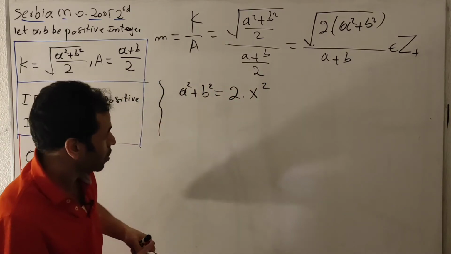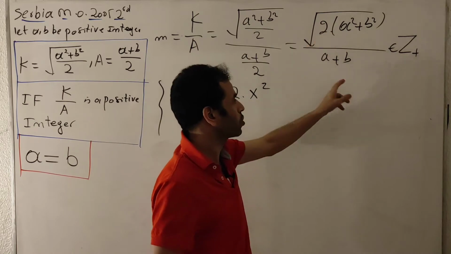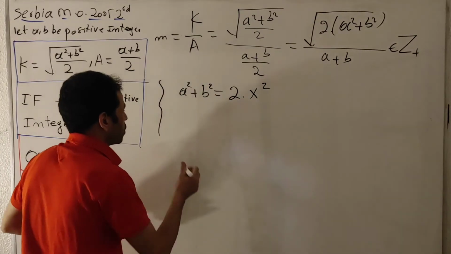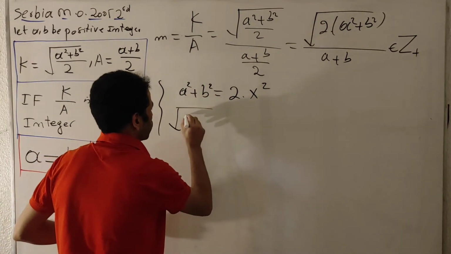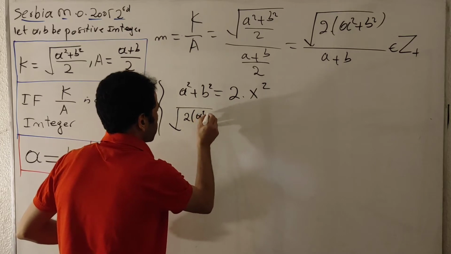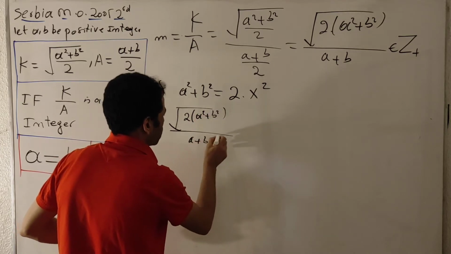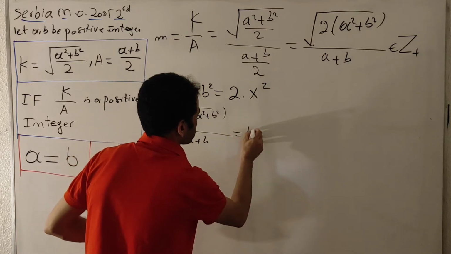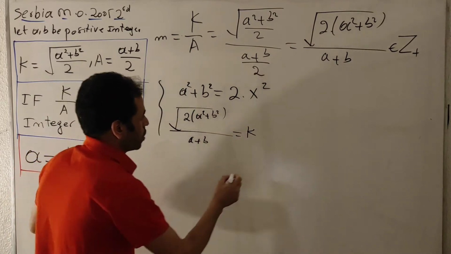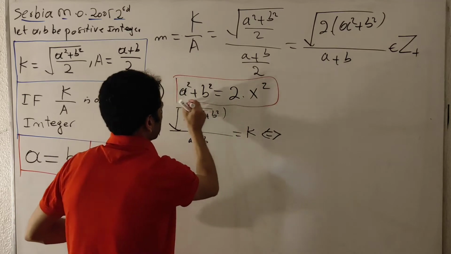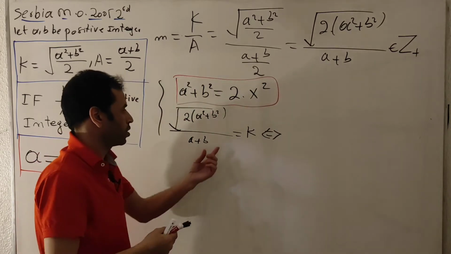Then the second condition, the whole term is an integer. That means the square root of 2 times (a square plus b square) divided by (a plus b) equals k. Okay, I'm going to leave this one as is, and I'm going to work on this condition.